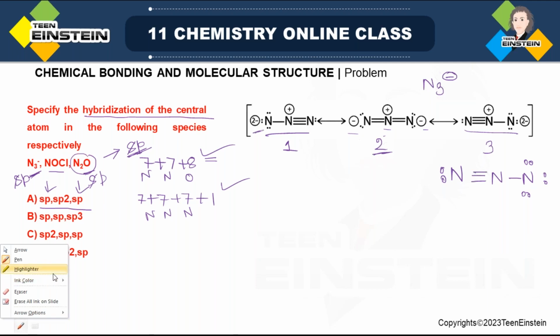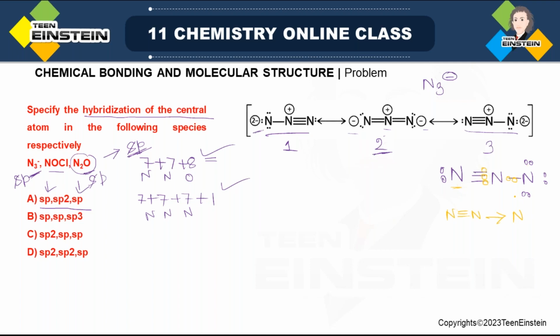Now in this case, I am considering this middle nitrogen. Out of its 5 valence electrons, 3 electrons are used for bond formation with the left hand side nitrogen, and these 3 are normal covalent bonds. But the other 2 electrons that are donated, that is actually the coordinate bond. So you can also draw the structure like this.